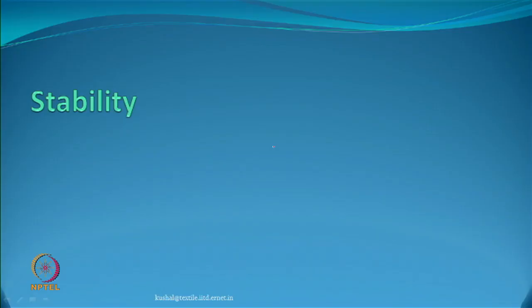Stability. How much stability of these so called entanglements do we want? When we are looking at the air jet textured yarn, you are very, very sure that it should be very, very stable. Now, it should also be stable, but how much?